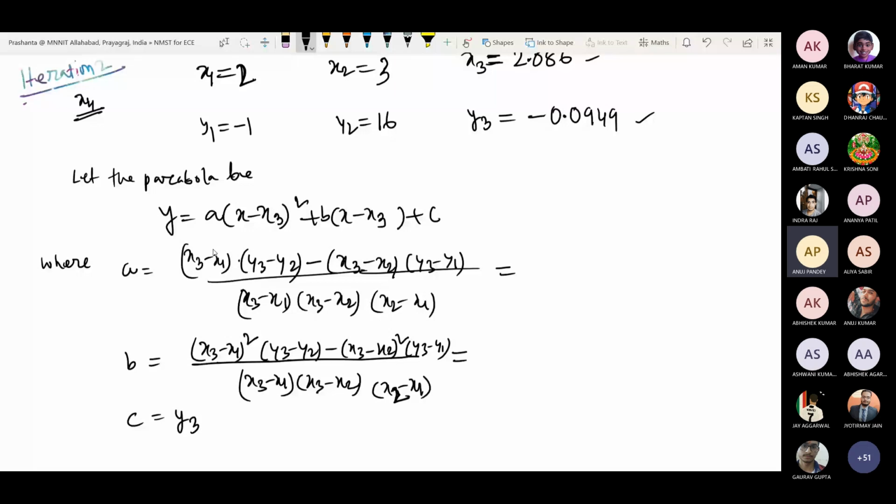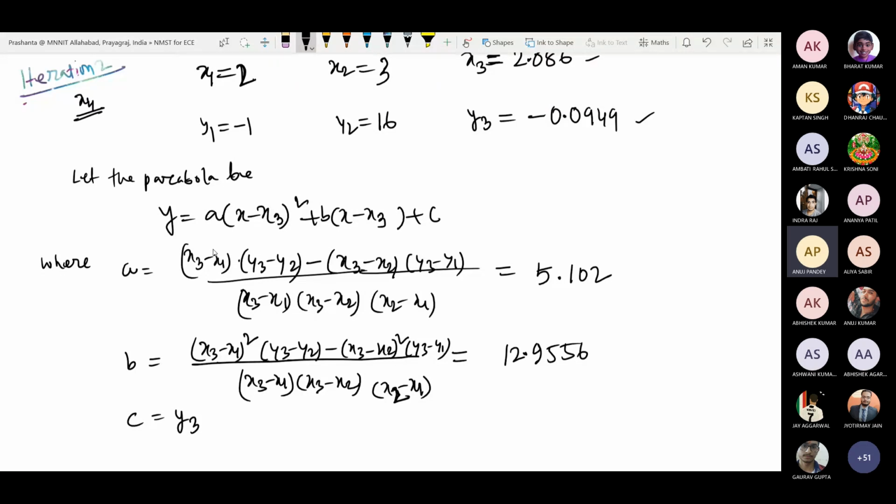So substitute everything and calculate the values of a, b and c. If you do it, I think you will be getting a equals 5.102 or 103, around that, and b will be 12.9556 or 57, and c is y3.